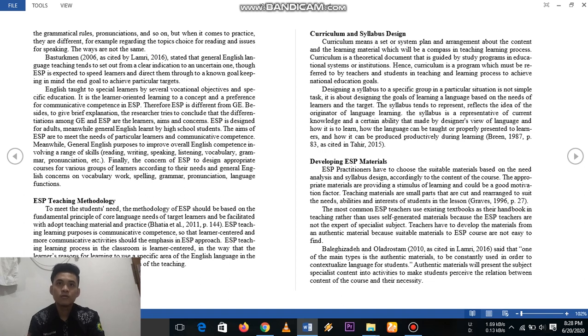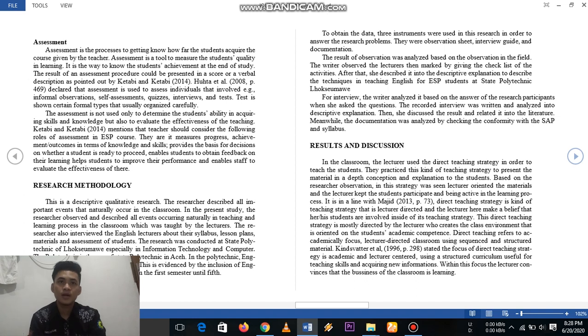In this part, the author says that ESP teachers need to teach using materials such as books, because the ESP teachers are not expert subject specialists. And the last part is assessment. In this part, authors say that assessment is a tool to measure the students' quality in learning. It is the way to know the student's achievement at the end of their study.